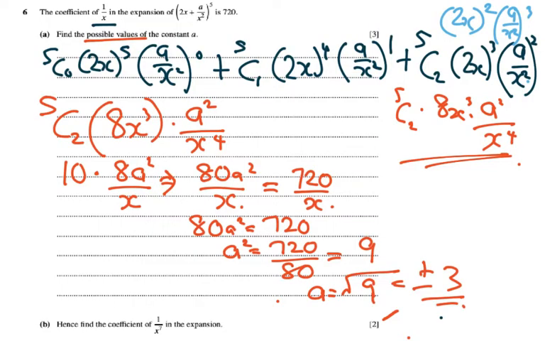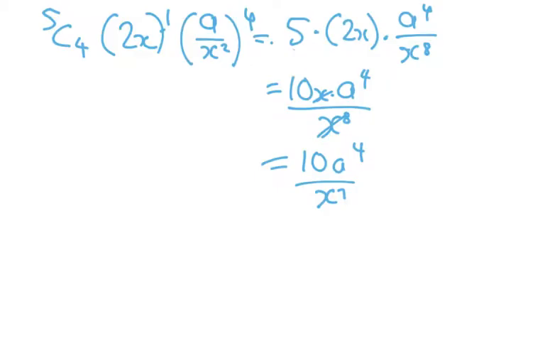Since a is positive and negative, it doesn't matter what you plug in because it's to the power of 4. So I'll just write it as positive: 10 times a to the power of 4 over x to the power of 7.